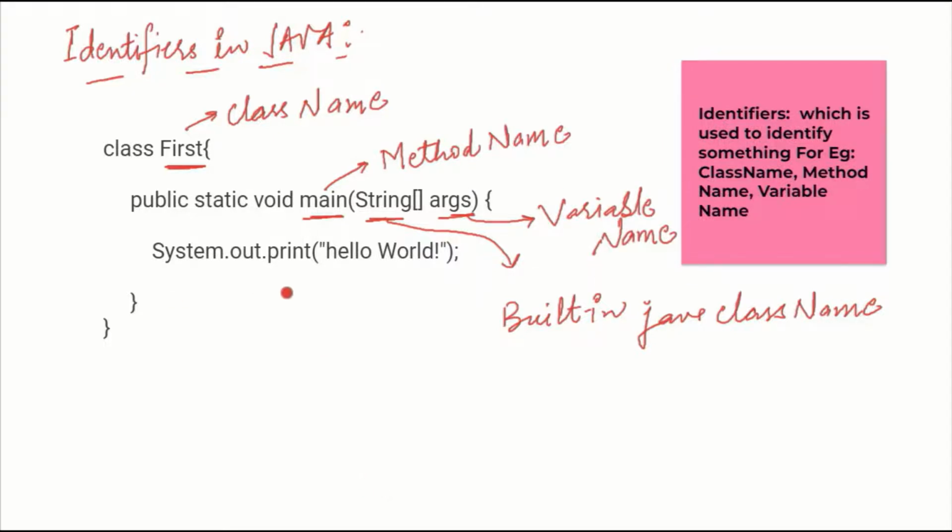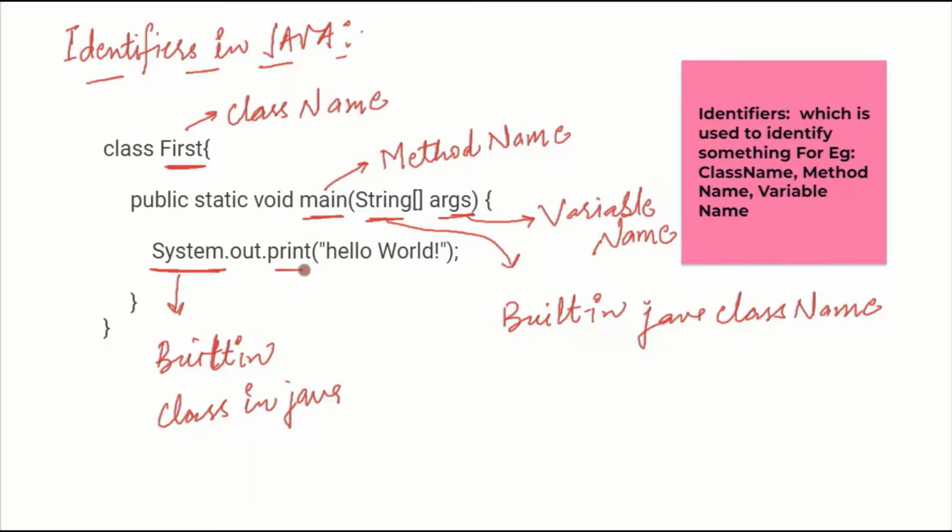Now in the next line, is there any identifier? Yes, because identifiers are the class names that start with an uppercase letter. So System, is this an identifier? Yes, this is a built-in class in Java.